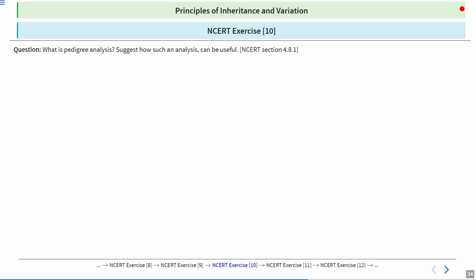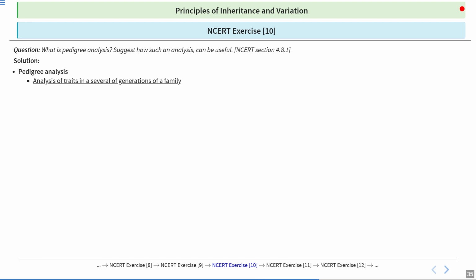Okay, let's have a look at the answer now. What is pedigree analysis? Analysis of traits in several generations of a family. So whenever you are analyzing the inheritance of a particular trait, a particular gene, or a particular disorder over several generations in a family, this is known as pedigree analysis.